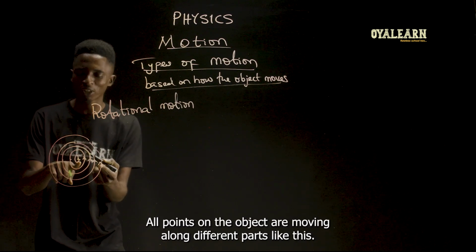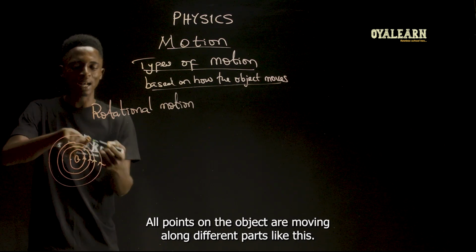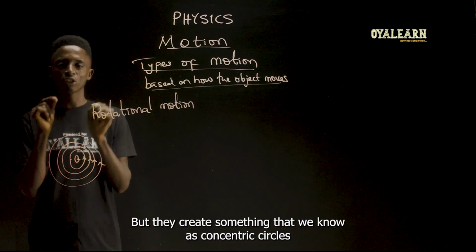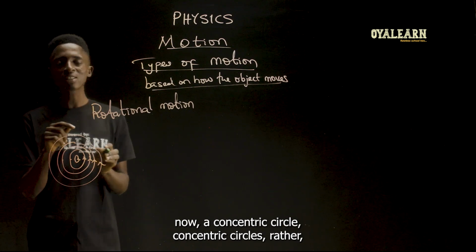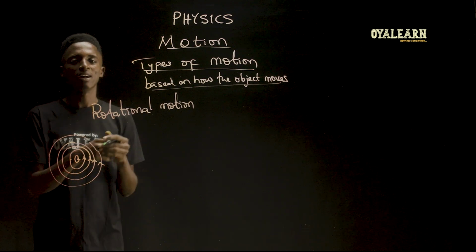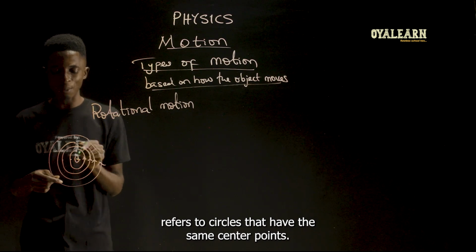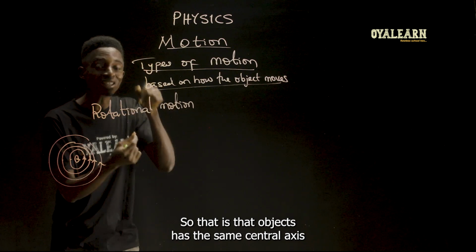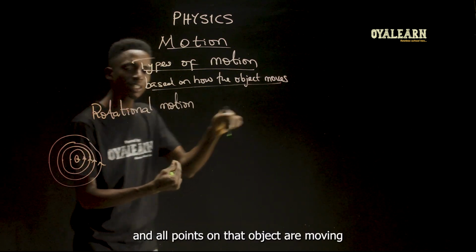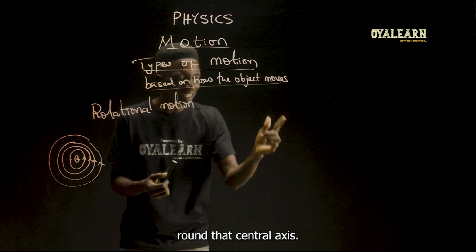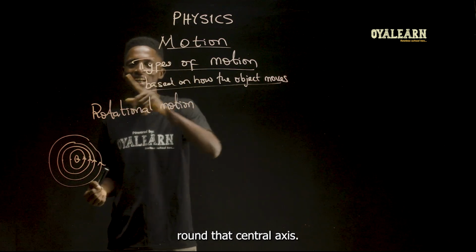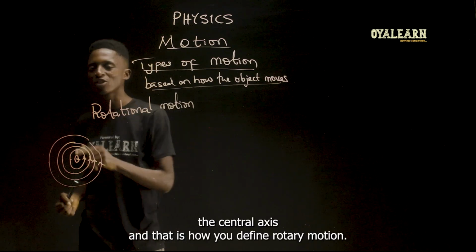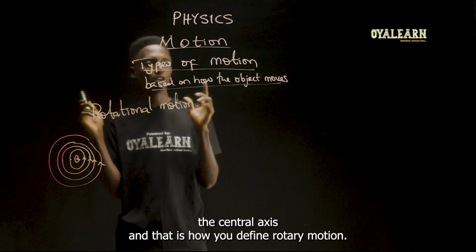All points on the object are moving along different paths, but they create something that we know as concentric circles. Now concentric circles refer to circles that have the same center point. Okay, so that object has the same central axis, and all points on that object are moving around that central axis, and that is how you define rotary motion.